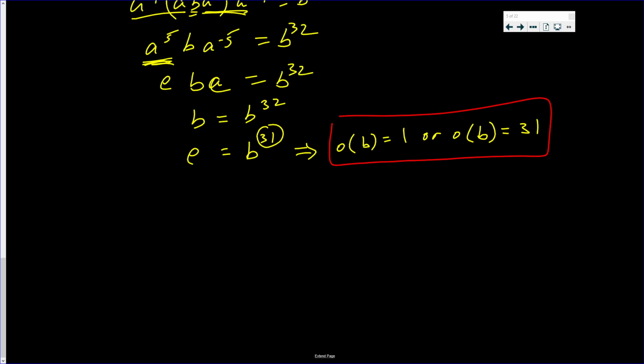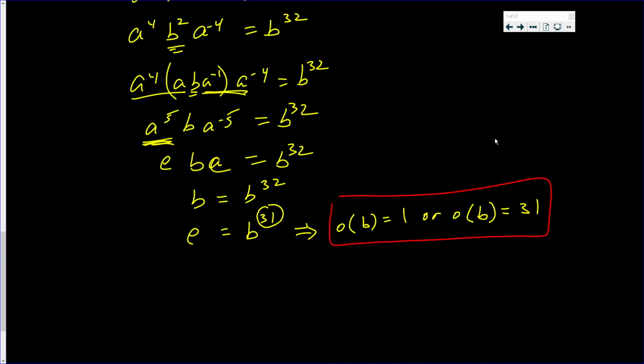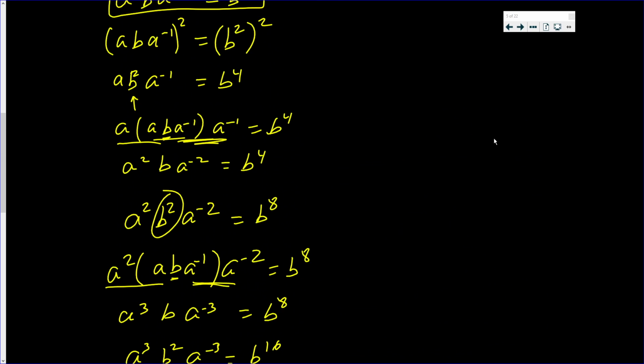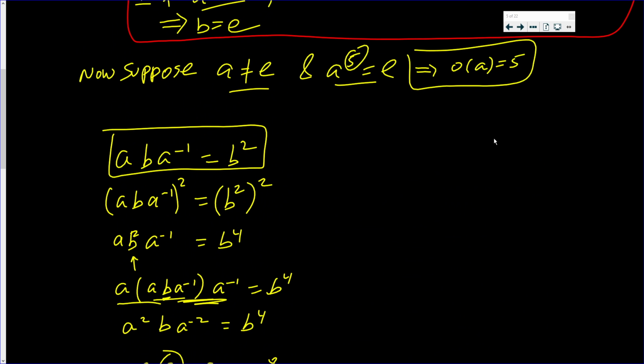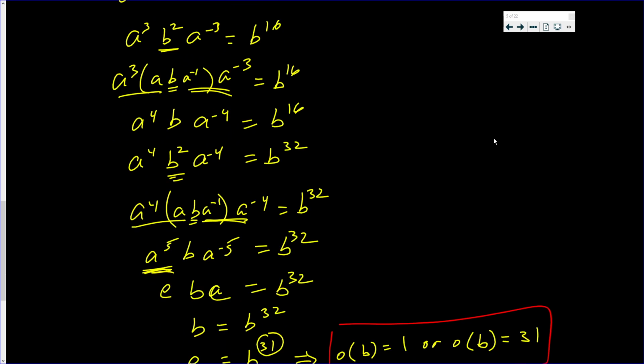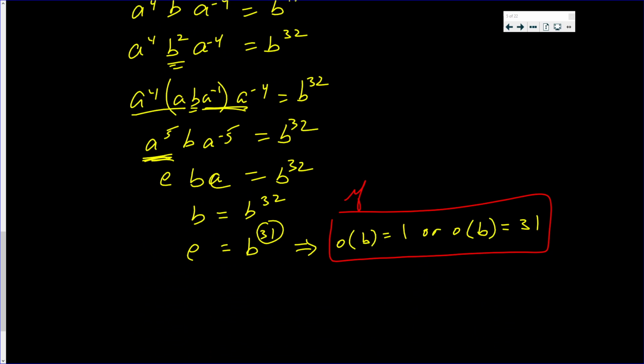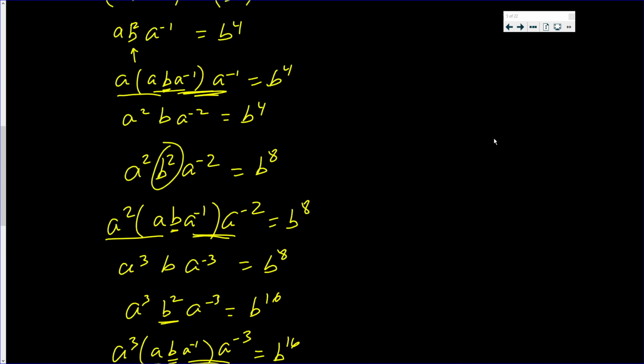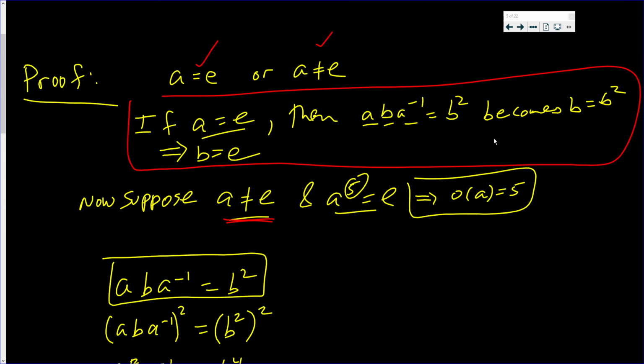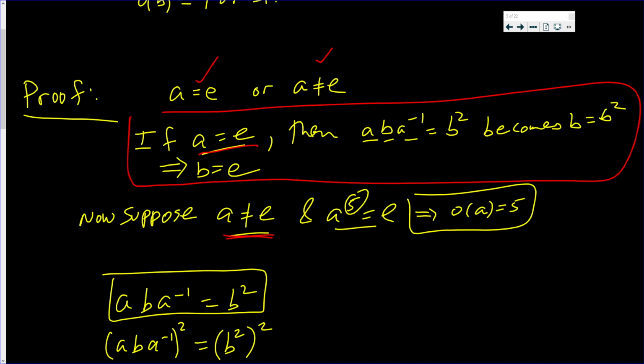So we have that answer if a is not e. And if a happened to be e, that means b is equal to e, which implies the order of b is 1.